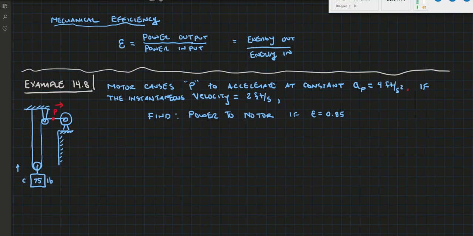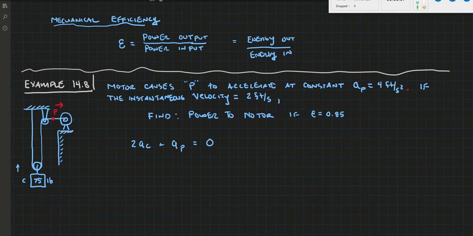So here we have a situation where we've got two lines leading to C, so we've got 2AC plus the acceleration of P equals 0.